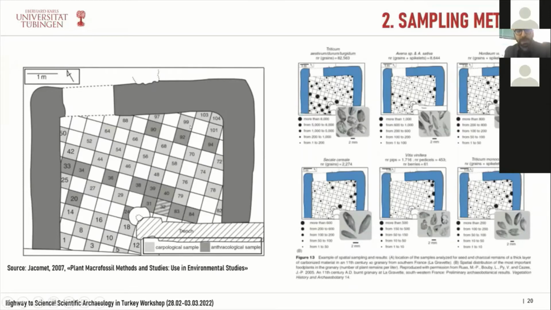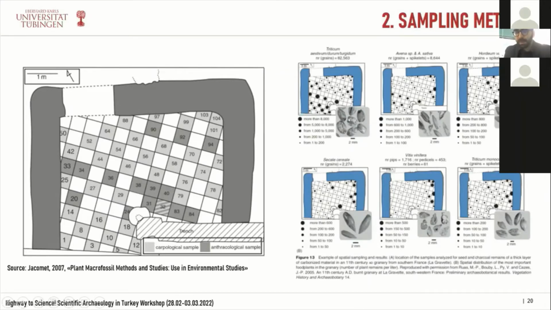They divided the context into different grids, and then they collected the samples in every other square, as you can see. And they also treated carpological samples and charcoal samples in this area differently. So you can see in these little squares that there are different crop remains, and their representation. You can see how many crop remains are present.